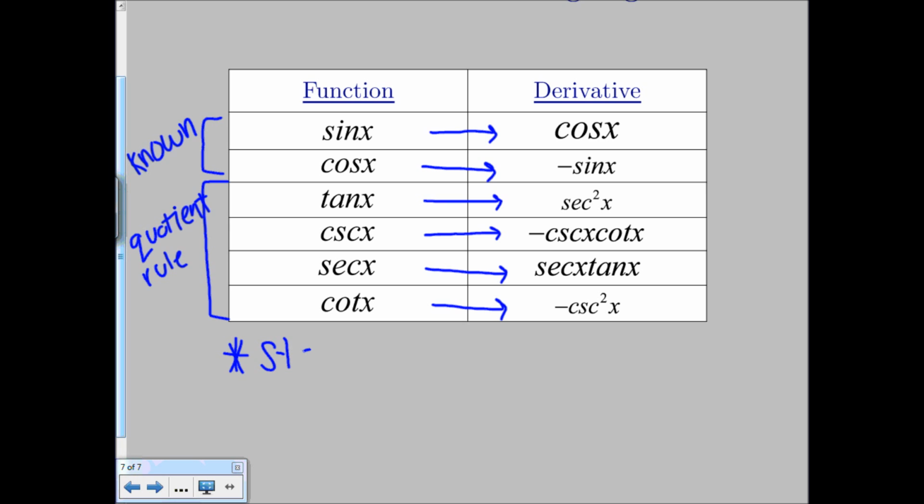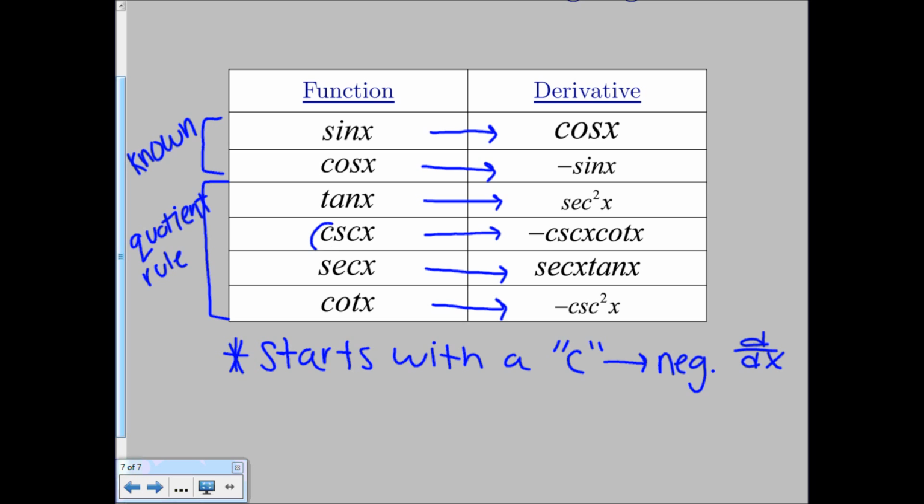If it starts with a c, it has a negative derivative. So you can take a look at this here. We have cosine, cosecant, and cotangent having derivatives of negative sine, negative cosecant cotangent, and negative cosecant squared.